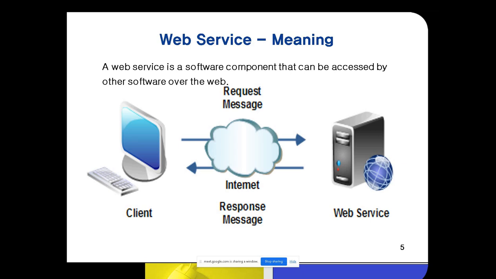See the picture which I have given below. Here there are two components, the client component and the web service component. Using the internet, they communicate with each other by passing messages. First of all, the client will send a request message to the web service provider. The web service provider will get the message.